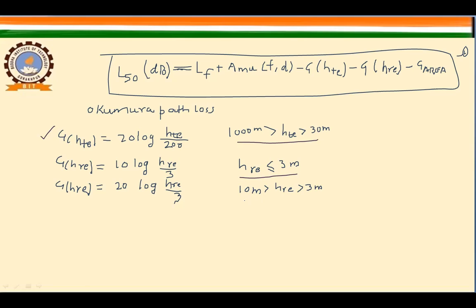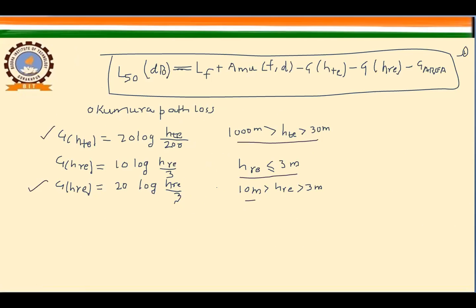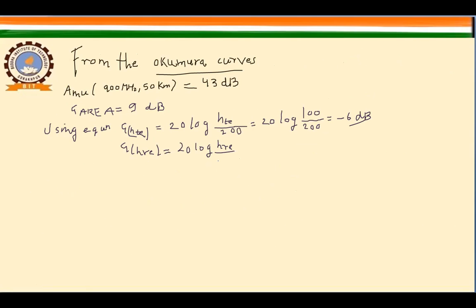So we are taking this equation: 20 log h of re divided by 3. 10 by 3 gives 10.46.